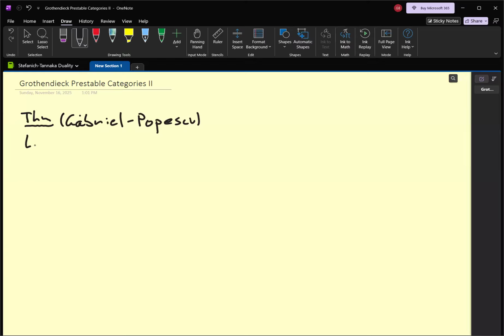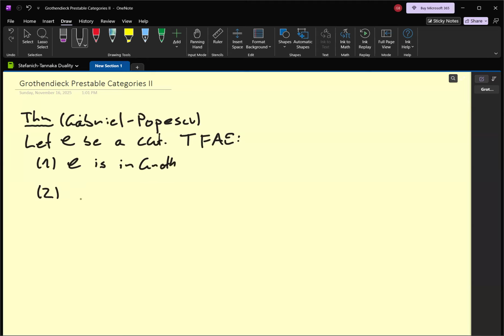So if we have a category C, then the following are equivalent. First, C is Grothendieck prestable, in Groth. And second, it's a localization of a module category.